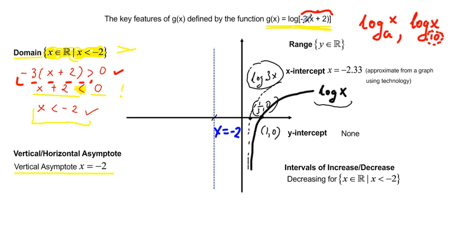The negative sign causes the reflection in the y-axis, okay, and then plus 2 would shift the graph 2 units to the left. So 2 units to the left, you would end up somewhere here.